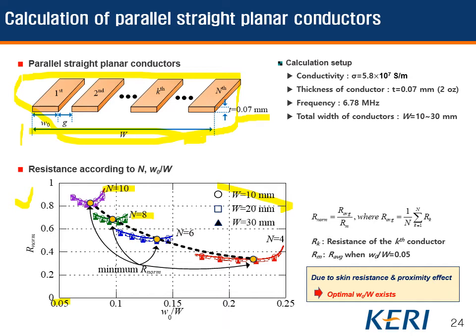When W0 over large W is lower than the optimal, the resistance also increases since, for example, when n is large and the small W0 is lower, the skin resistance will have an effect on resistance directly.